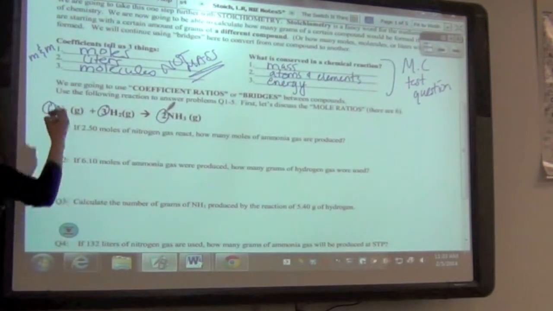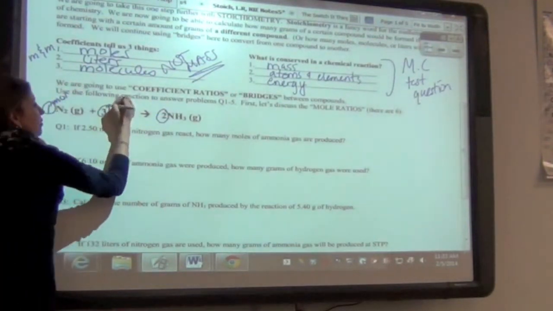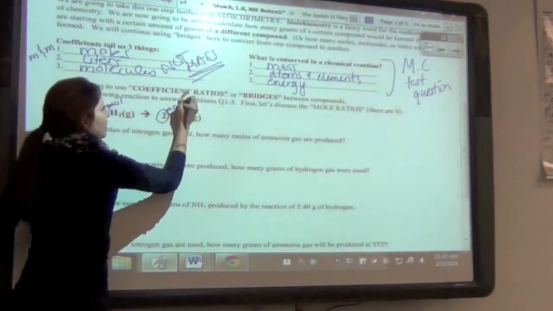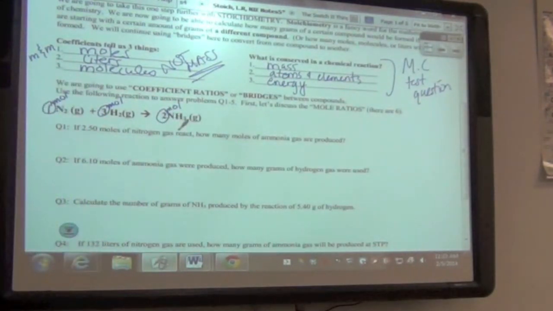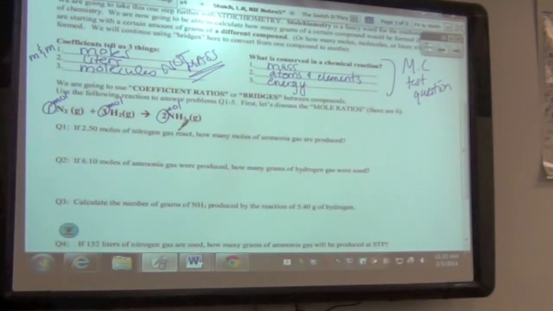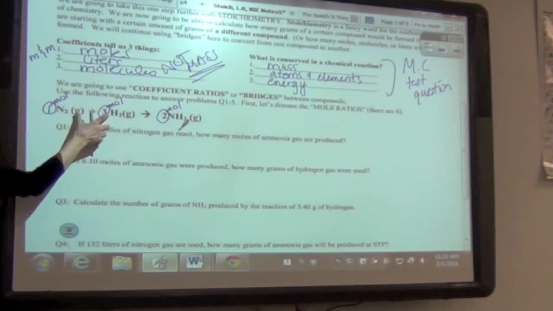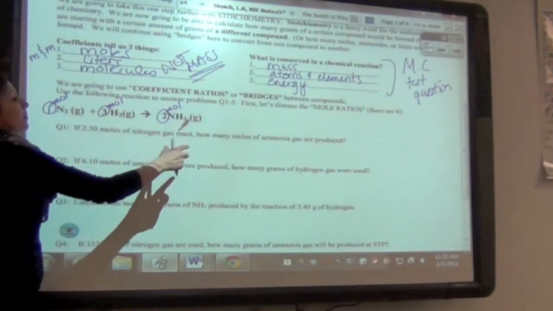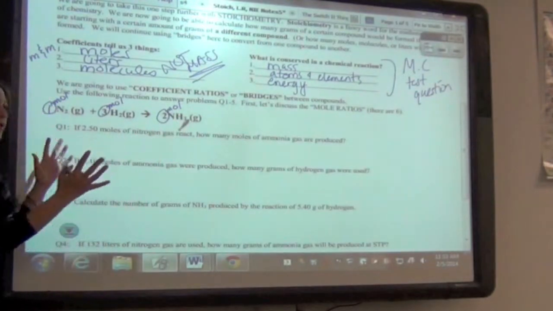Well, if these are representing moles, now they don't write it every single time. You can just do it this one time on here. Those are representing moles. If you add up the moles on the left, how many do you get in total? 4. And on the right you have 2. And by anyone's math in this class, we know that 4 and 2 are not equal to each other. Okay? So that means that moles are not conserved. But we do know that if we had a certain mass of these two, that our mass would actually be equal to the mass of when you put it together.